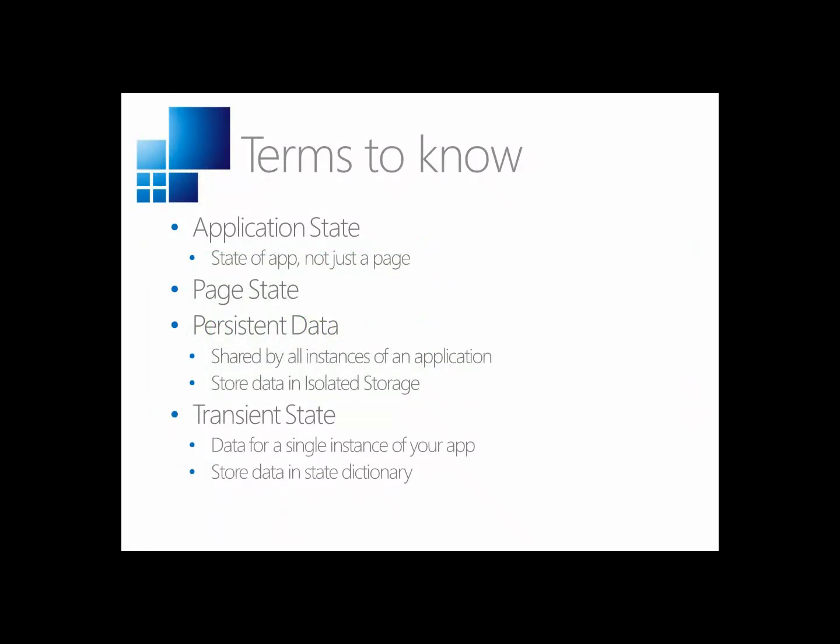So these are some terms you need to understand when you're working with a Windows Phone 7 application. Application state, which is not just the state of a single page, but the state of the whole application. This is important because when you get out of tombstoning or you leave your application, you only have a certain amount of time, I believe tops 10 seconds, before your application is terminated.